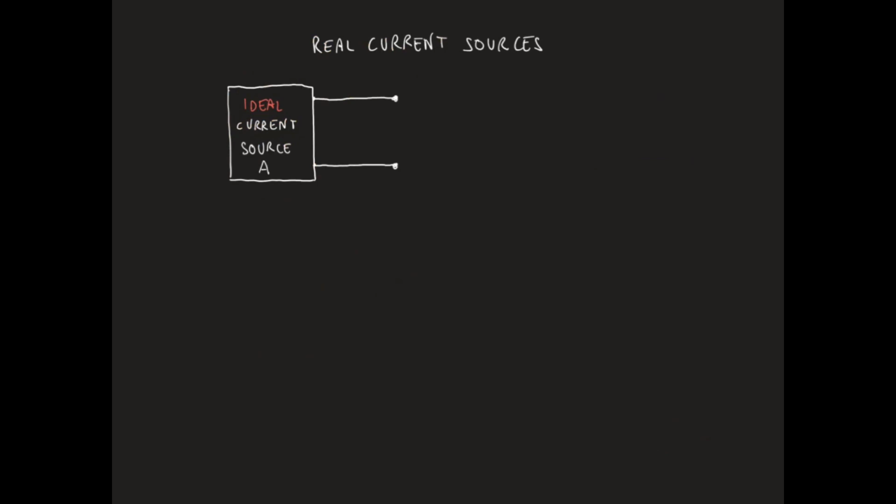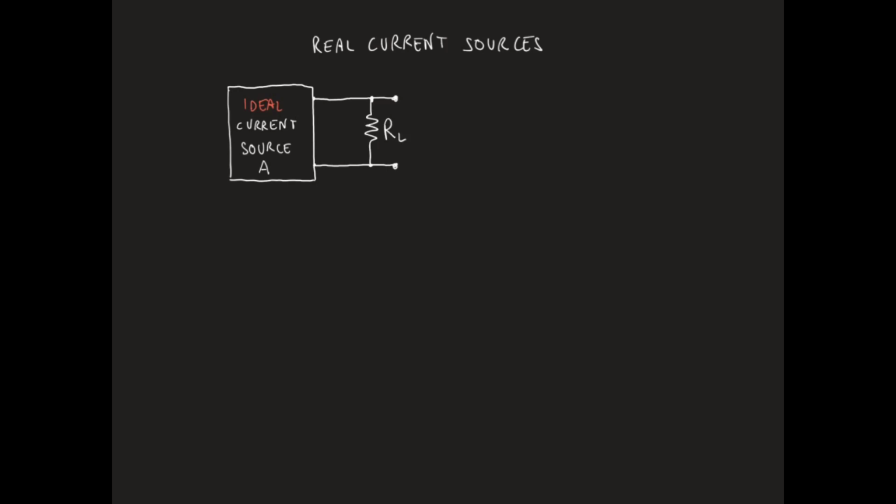We already know that an ideal current source is a device capable of forcing a given current into a load independent of the voltage across the load itself. Let's assume now that this load is a resistor featuring a resistance RL.